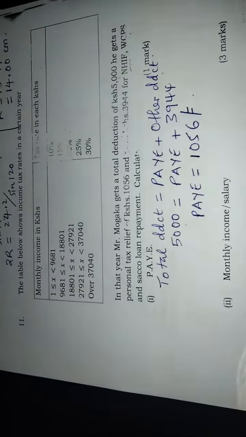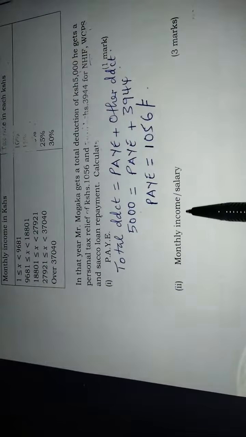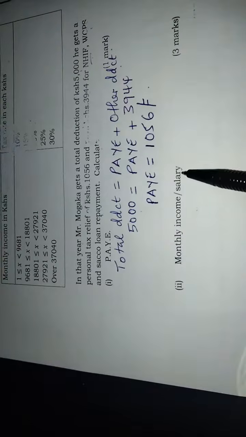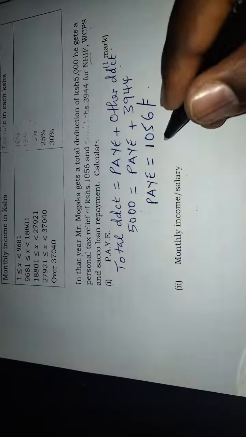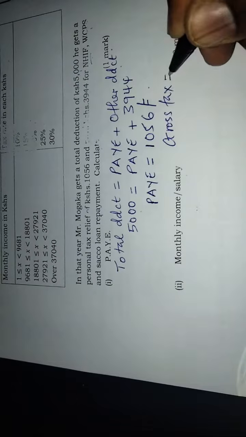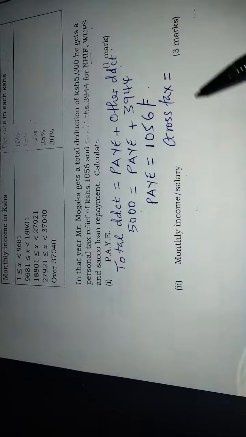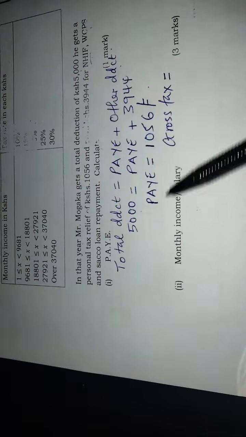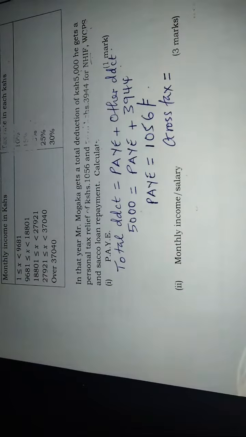Now, the other thing we should calculate is monthly income, or rather, the monthly salary. Remember, we have the payee. So the other thing we should get is what we call the gross tax. We first of all have to get gross tax. And gross tax is when we add relief to the payee, because payee is the tax where relief has been deducted.